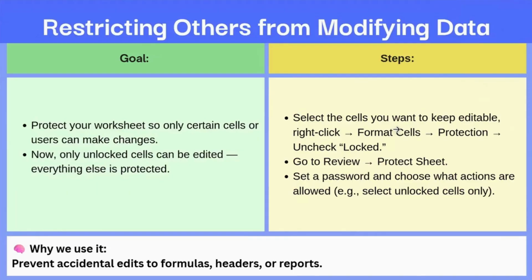That is, in case there's some error in those cells, the sheet still remains intact, or the report still remains intact and is not compromised by those edits. You can set a password that you remember or write down somewhere and choose what actions you want to allow other users. This is extremely useful in team collaborations and managing crucial reports and dashboards.